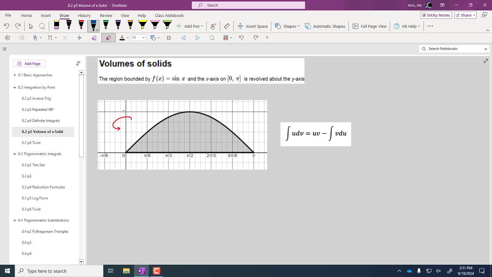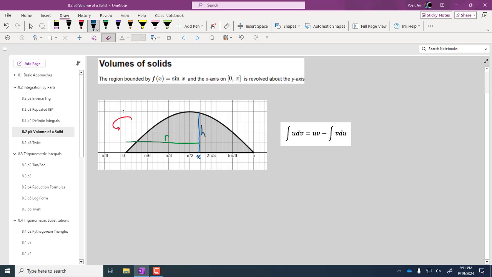So we want to use a shell, so we're going to draw a vertical element at a random x. That is parallel to the axis of rotation. This is going to give us a radius right there of our cylinder. There's the radius and there's the height.